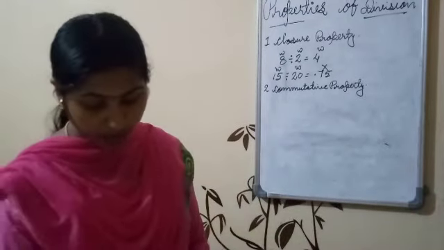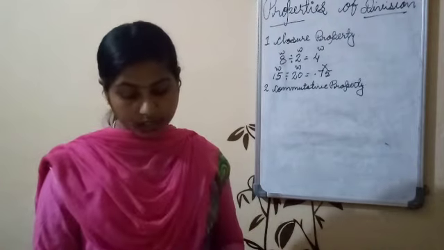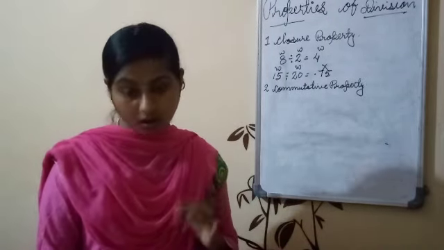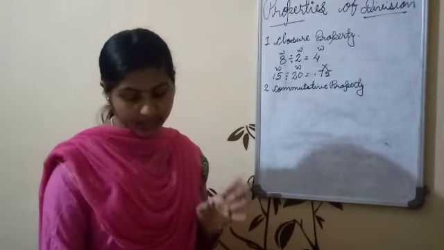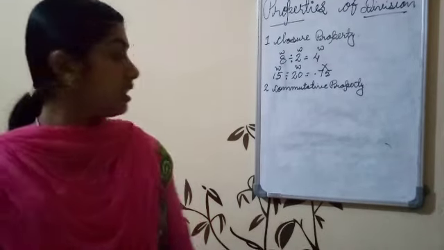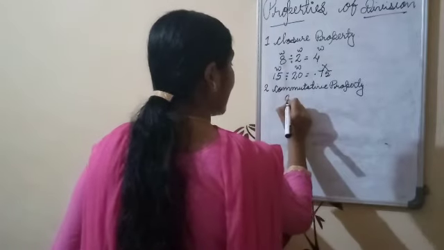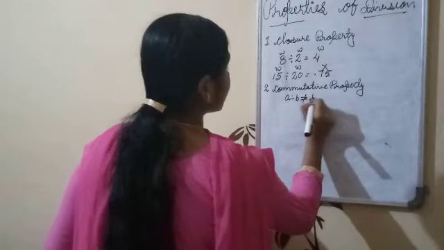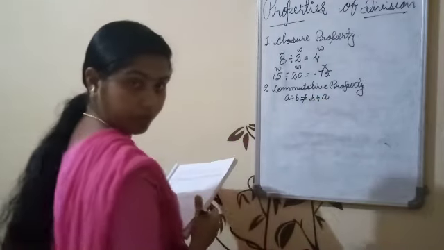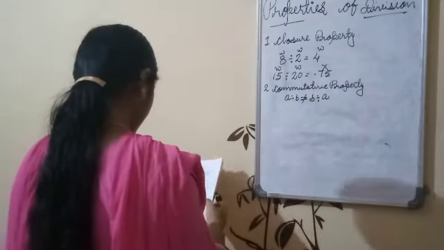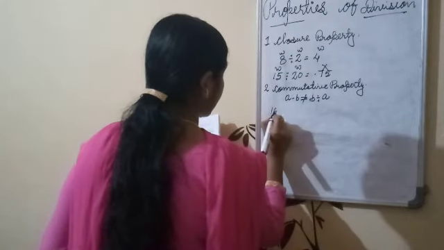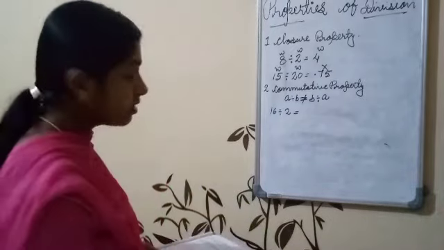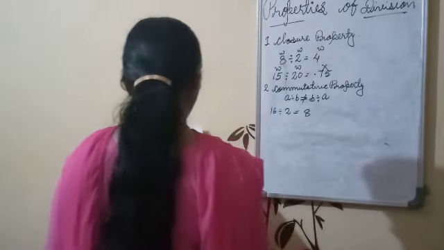Okay, commutative property: when two whole numbers A and B are divided, changing the order of those two numbers changes the quotient. That means A divided by B is not equal to B divided by A. For example, 16 divided by 2, the quotient is 8.